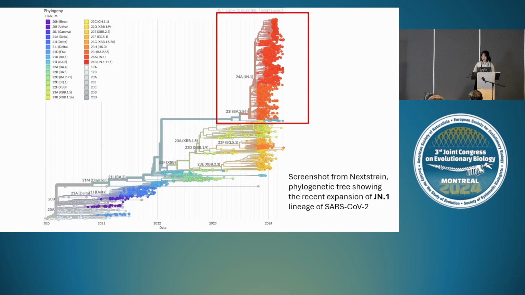Here I'm showing a screenshot from Nextstrain, a pathogen evolution tracking database, with data from COVID. You can see there's a strain called JN.1 that has been very popular recently, and there's a very high branching rate on this subtree. Also, this strain has been shown in the laboratory to have a higher transmissibility, so that aligns with the pattern we see on the phylogenetic tree.